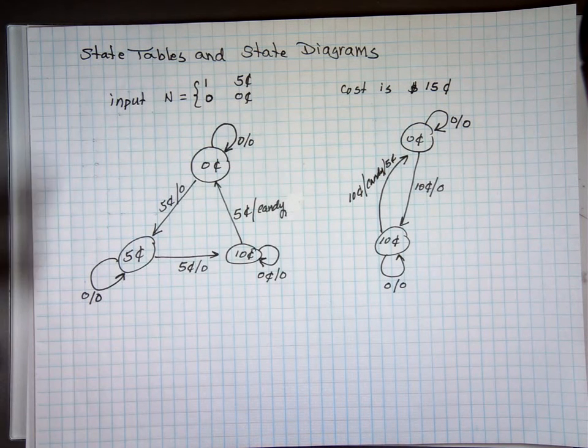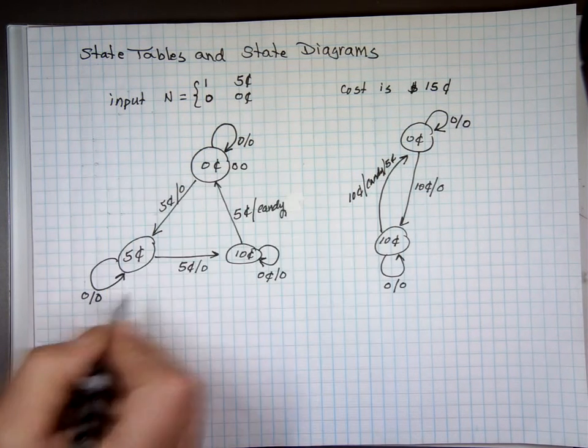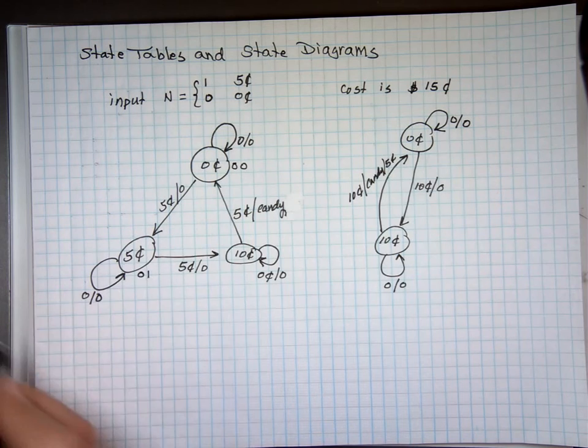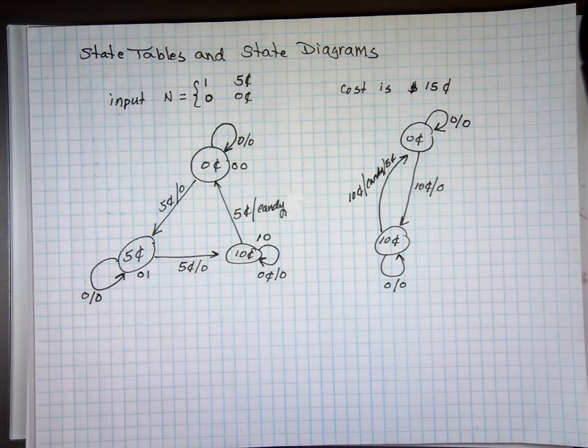Since I have 3 states, I actually need 2 bits to label them. I might label this as state 0, 0. This is state 0, 1. This is state 1, 0. And I don't have a 1, 1 state here.